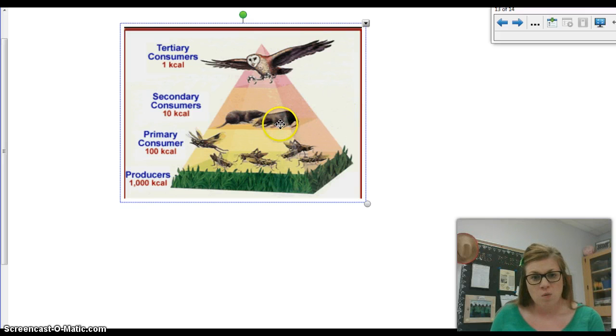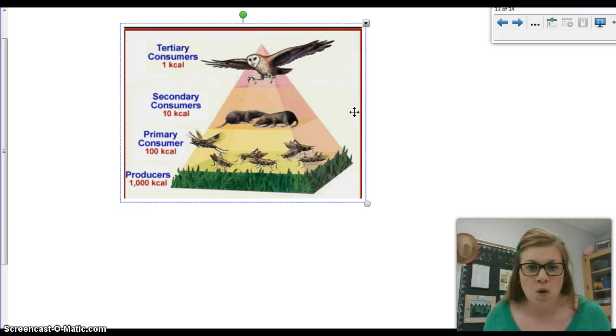So if you look at it, one mouse or shrew here would have to eat 5 or 6 grasshoppers to get the same amount of energy as the grasshoppers get. So in order to get 100 calories, they would have to eat 10 grasshoppers, okay? Now, the shrew, in order for the owl here to get 10 calories, it would have to eat 10 shrews, okay?